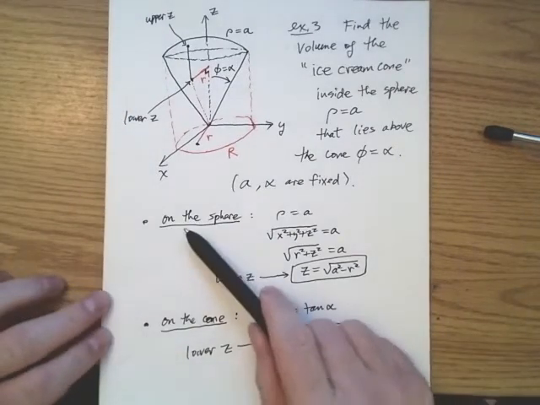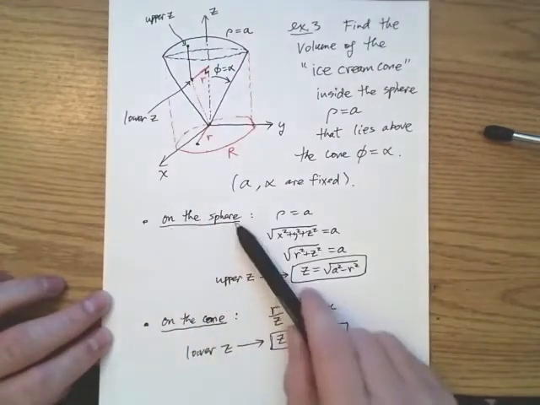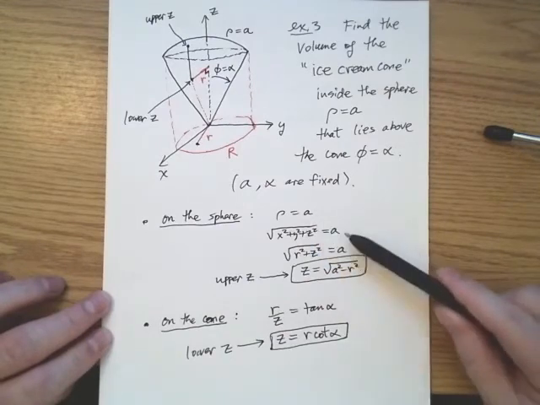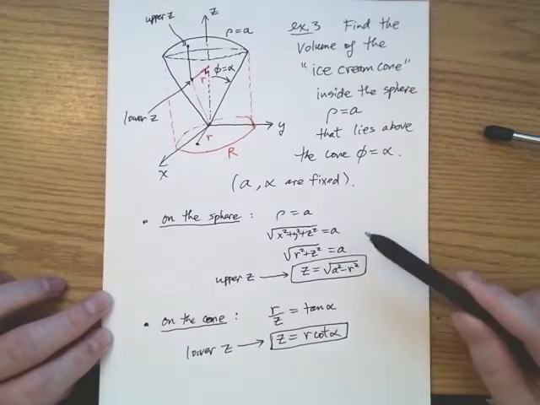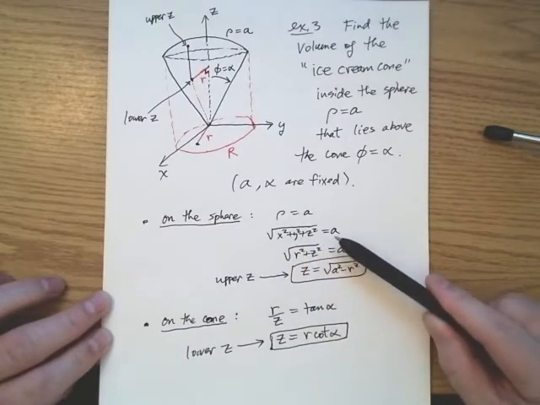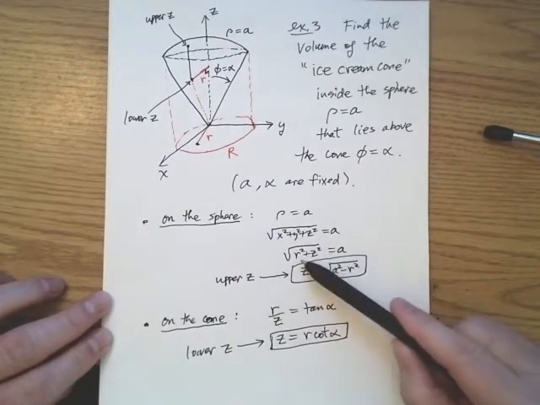Now let's go ahead and consider the upper z first here. On the sphere, we've got rho equals A. I went ahead and translated that into familiar Cartesian coordinates first. Remember, rho is the square root of x squared plus y squared plus z squared. So that's set to A. Now x squared plus y squared, we all know, is r squared.